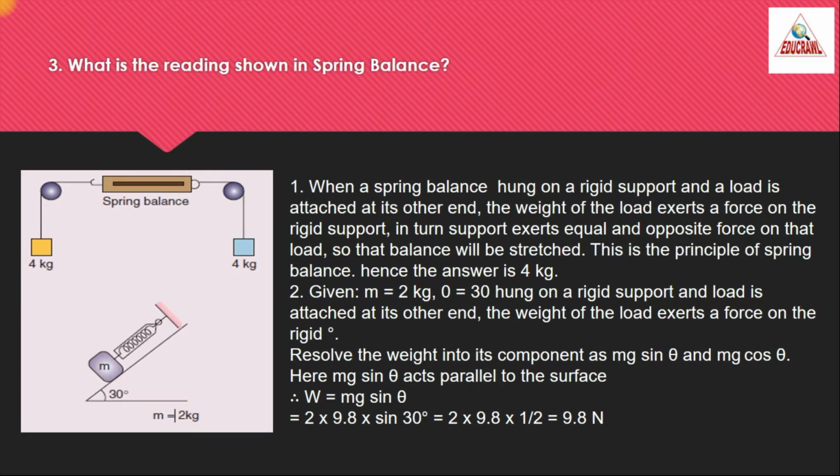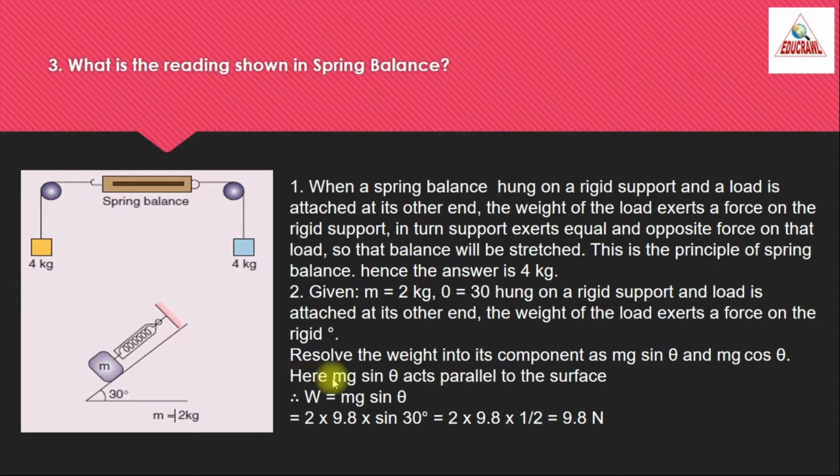Second one, the mass is given as 2 kg and the angle theta is given as 30 degree, and it is hung on a rigid support and the load is attached at its other end. The weight of the load exerts a force on the rigid support. Hence, we resolve the weight into its components as mg sin theta and mg cos theta.